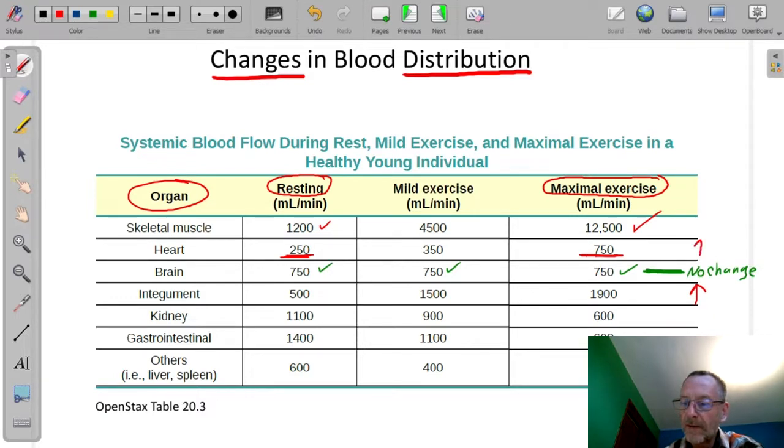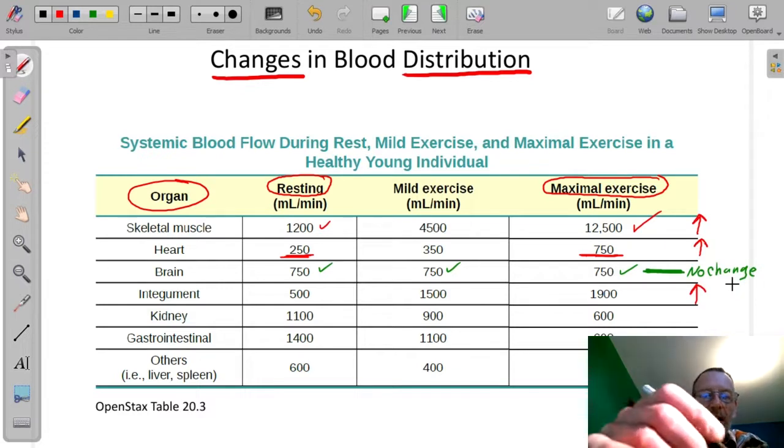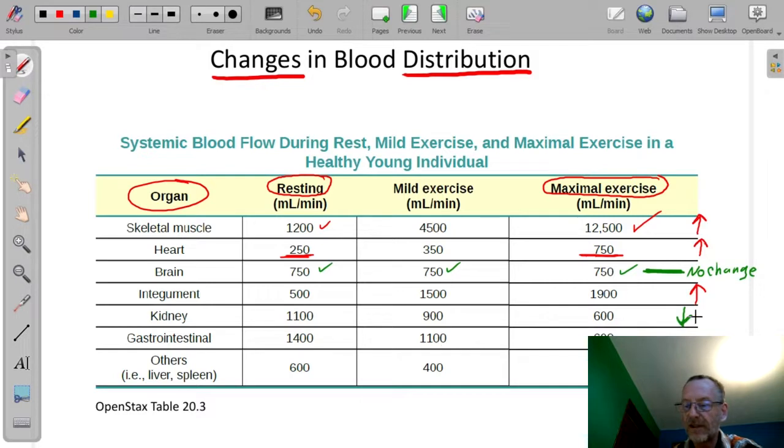So the heart went up. Skeletal muscle increased with exercises. No change to the brain. And then for the kidneys, strenuous exercise, blood doesn't go to the kidneys as much. Cut it almost in half. Where's the blood going? To the skeletal muscles, the heart, and the skin. The same with the gastrointestinal tract.